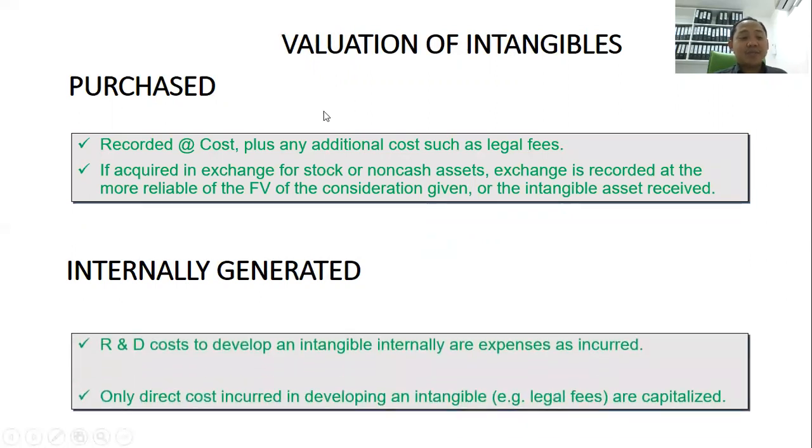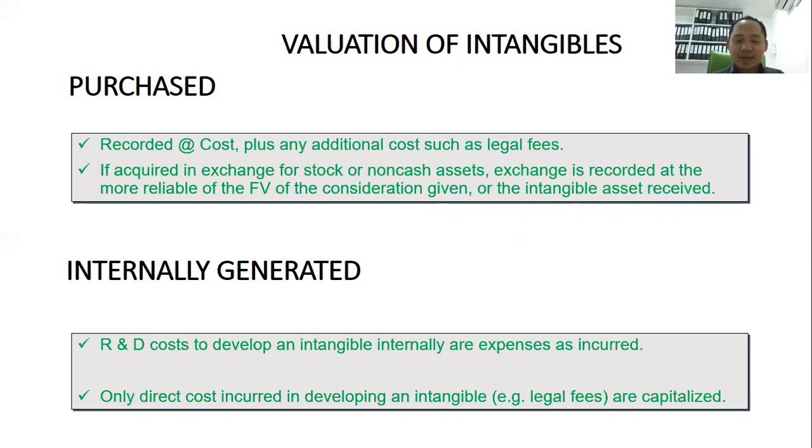An intangible asset that is internally generated is actually expensed. The research and development of an intangible internally are expensed as incurred. Ulitin ko lang, R&D cost to develop.